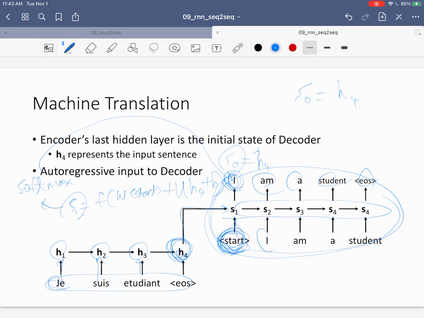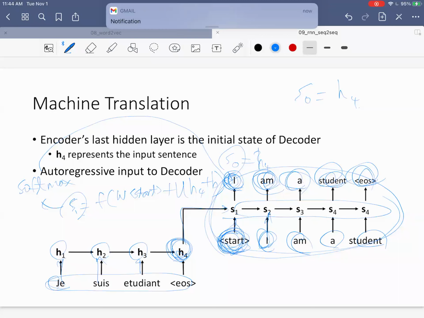And you do this for "I". In order to properly predict, you put your actual ground truth as the input, which is actually called teacher forcing. So you put your "I" into the next step and force your decoder to predict "am". You put "am" and teacher-force the RNN to predict "a". Same deal with "student", same deal with EOS, and that's it.